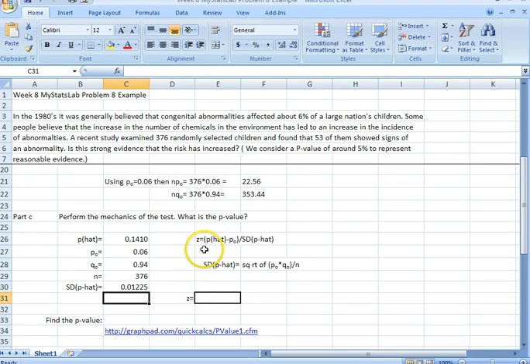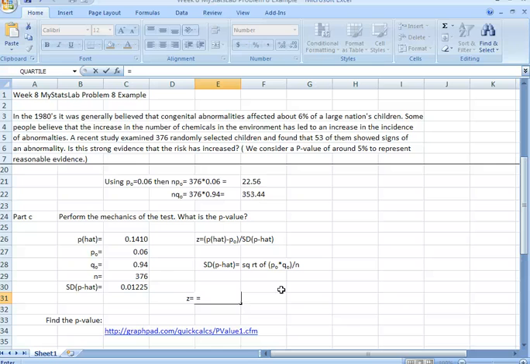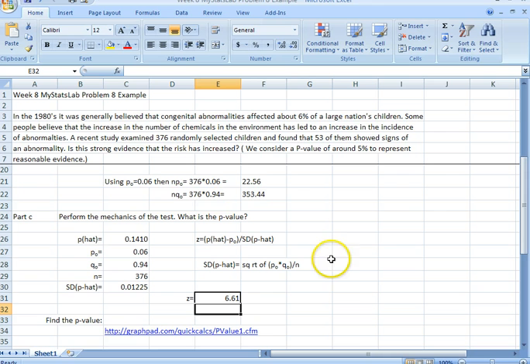Now we can find z. Z is p-hat minus p0 divided by the standard deviation of p-hat, which we just found. So in our block we type equals, and in parentheses p-hat minus p0, close our parentheses, divided by the standard deviation, hit enter, and now we have our z-score.